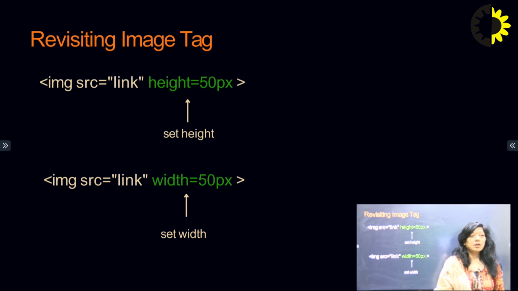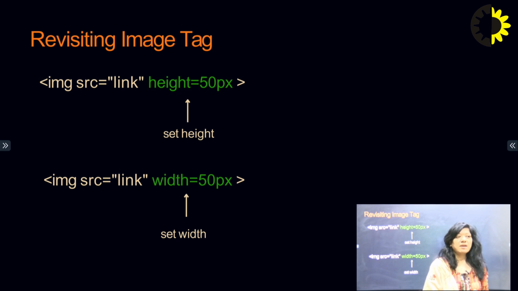Again, if we want to set the height and width of any image or element as per our own choice, that time we use the image tag. Suppose I have downloaded an image of a laptop in our HTML file, and now I want to change the height and width of the image.